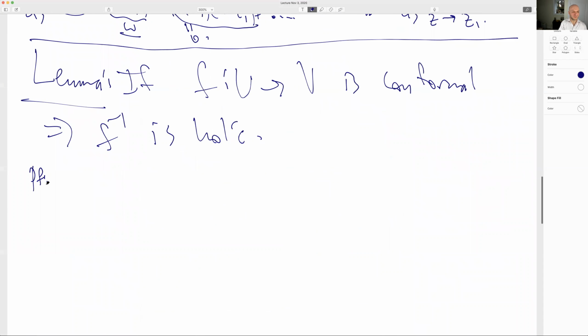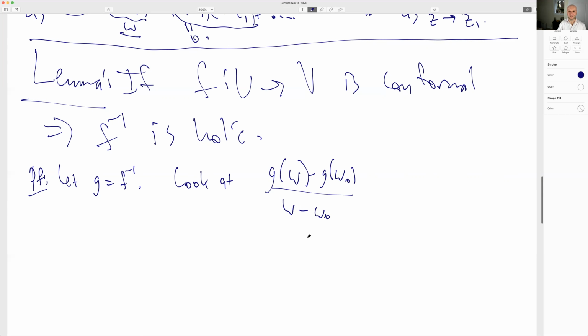Proof. Okay, let's write G for f inverse, and let's look at G of W minus G of W0 over W minus W0, right? So the limit of this is G prime of W0. So far, so good? Okay, I'll write this as 1 over W minus W0 over G of W minus G of W0.